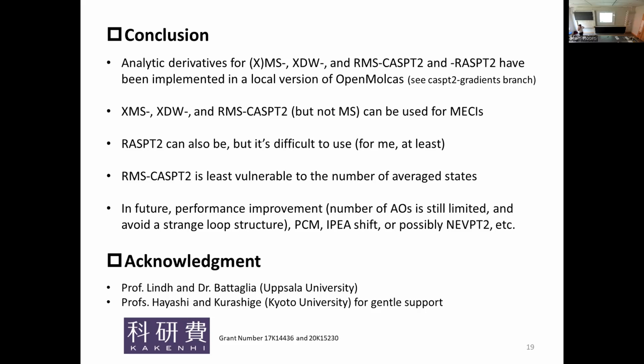Luca? Hi. I'm just curious to understand what's the difficulty in using RASPT2. Is it a technical difficulty for the code, or is it more about choosing the right orbitals for the right RAS spaces? Yeah, choosing the RAS space is difficult in my opinion, because in terms of the development, almost nothing was difficult.